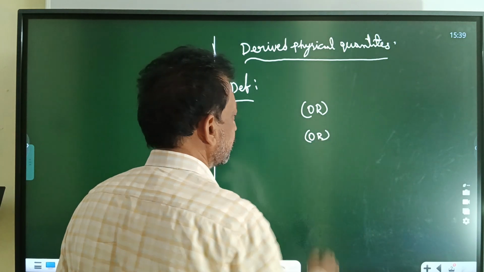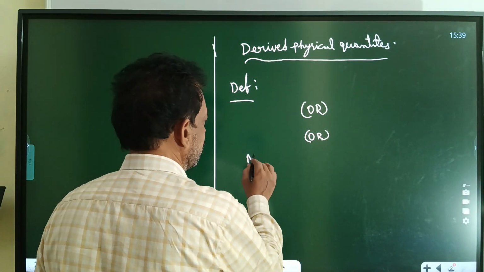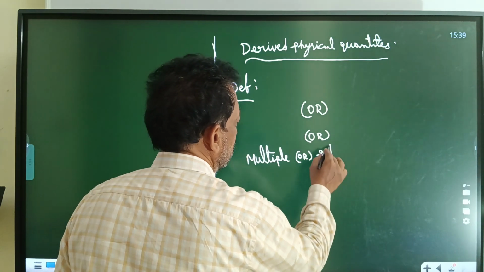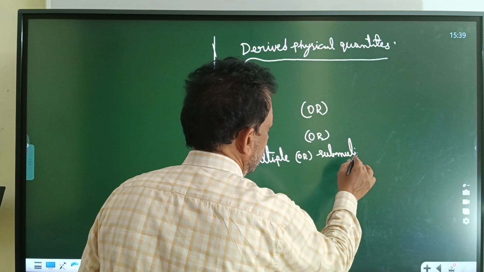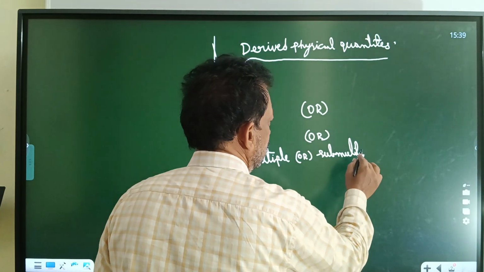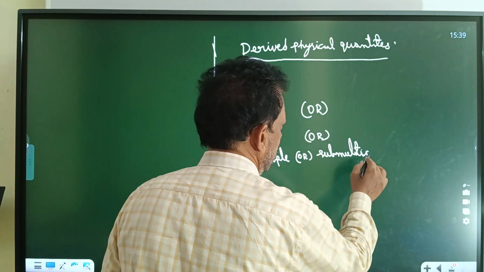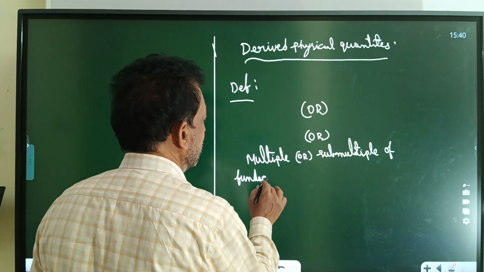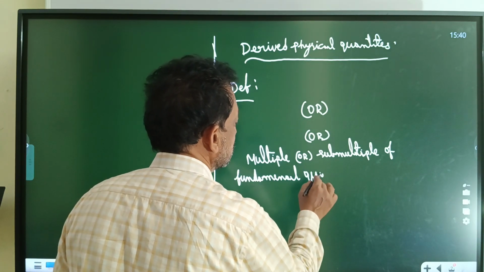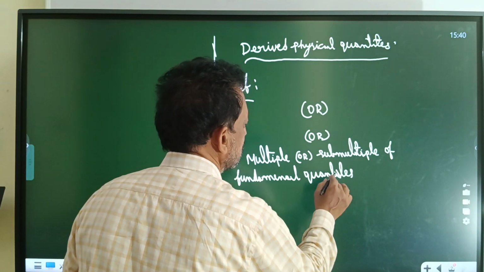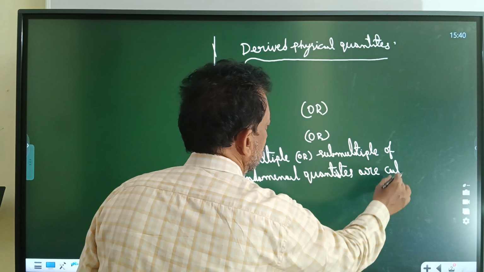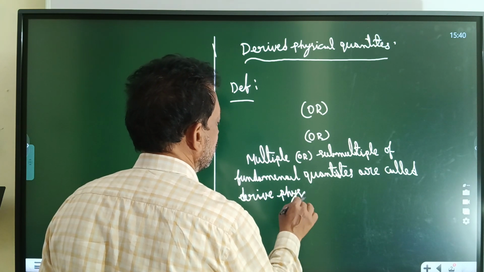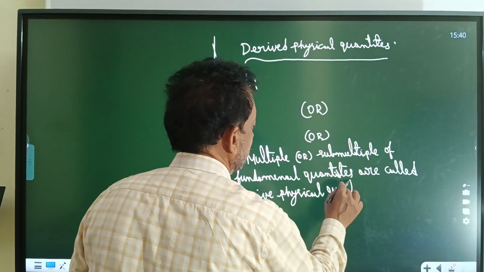Another definition: multiple or submultiple of fundamental quantities are called derived physical quantities.